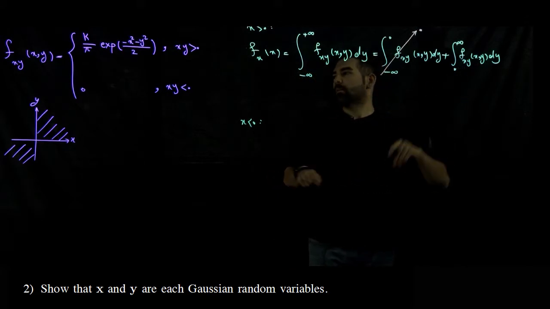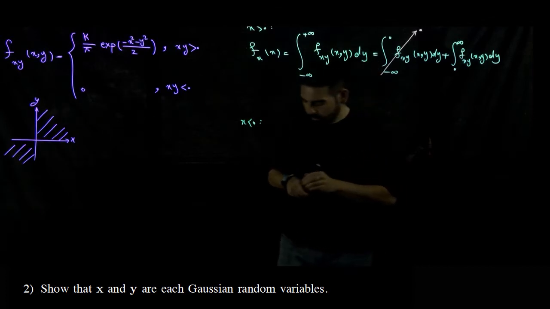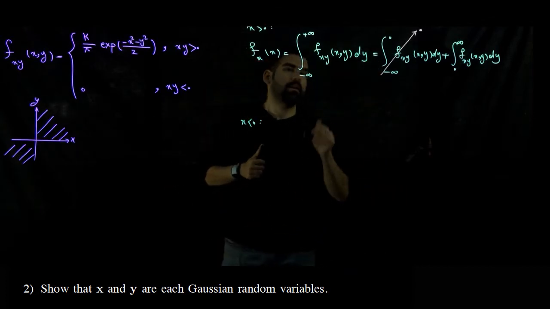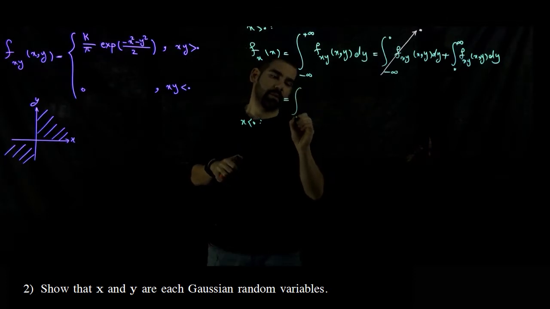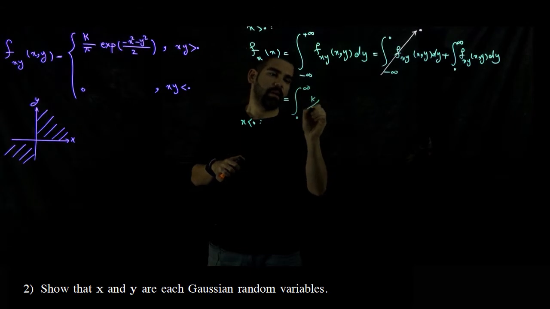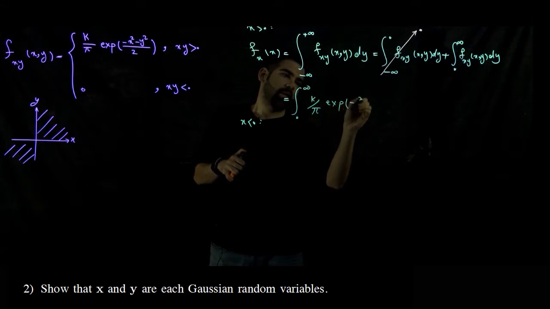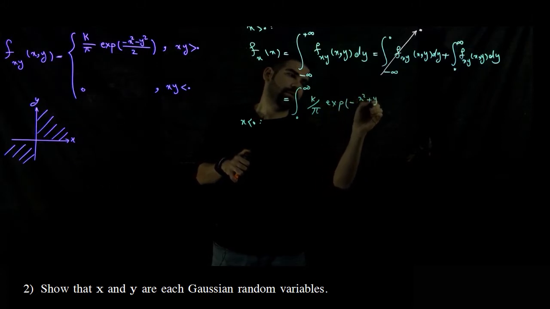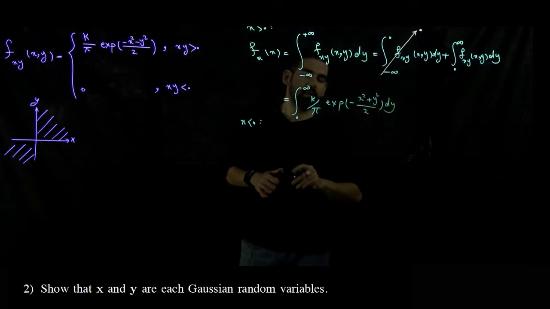For the second term we can just replace from the general formula. So we can proceed with the integral from 0 to infinity of k over pi exp minus (x2 plus y2) over 2 dy.